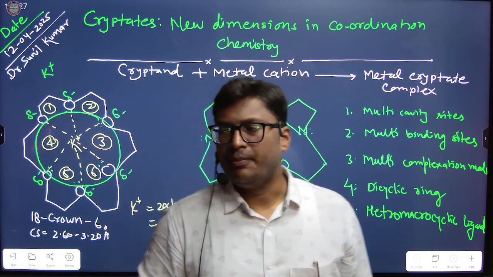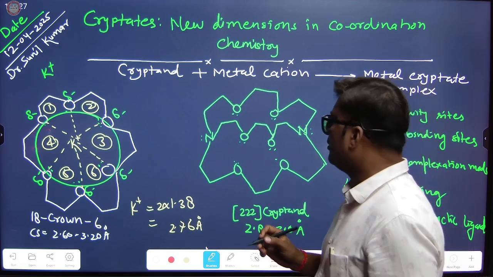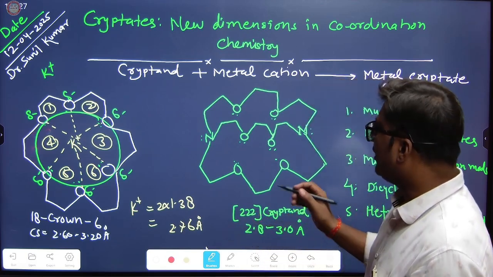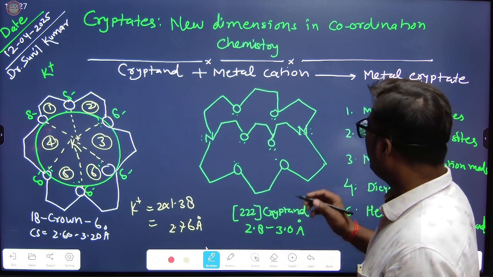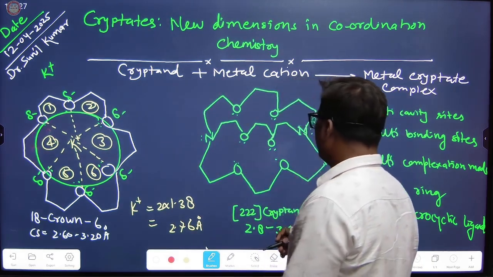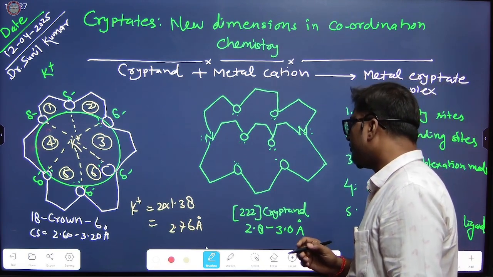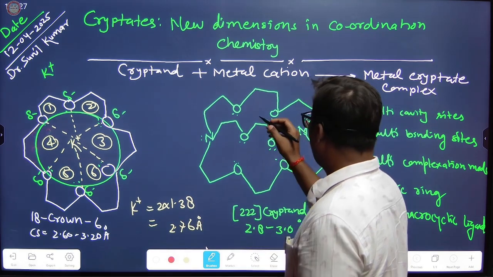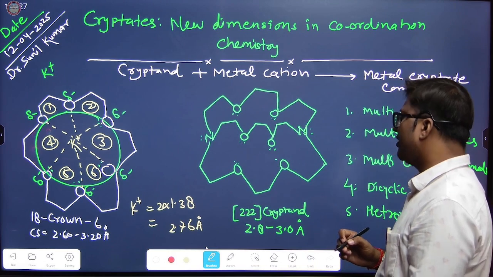So apart from this crown ether, there is another class of organic ligands, which contain two nitrogens at bridgeheads, bridged by polyether strands.